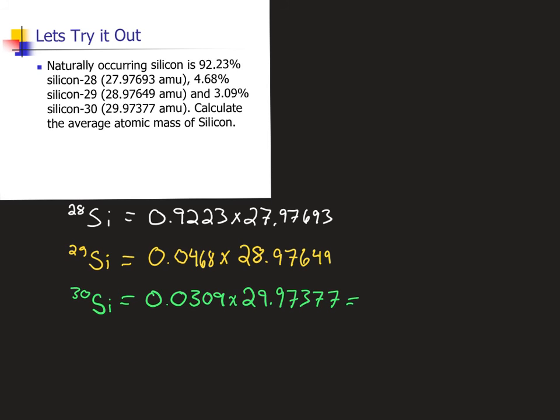Put all of those into my handy dandy calculator. And 0.0309 times that gives a value of pretty small, 0.926. We'll go 2 on that.